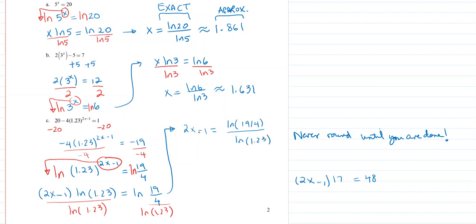Now to get x by itself, first I have to get rid of that 1. So I'm going to add 1 to both sides. And that gives us 2x equals that fraction, ln of 19 over 4, divided by ln of 1.23, plus 1. And then to get rid of this 2, we have to divide this whole thing by 2.